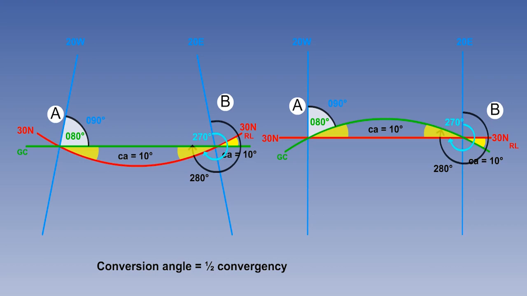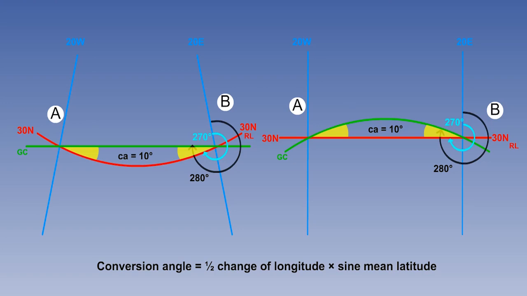It is half convergency. Conversion angle is half the change of longitude times the sine of the mean latitude. Don't get these two mixed up. Convergency is the change in a great circle track. It has nothing to do with rhumb lines. Conversion angle is the difference between the initial or final great circle track and the rhumb line track.